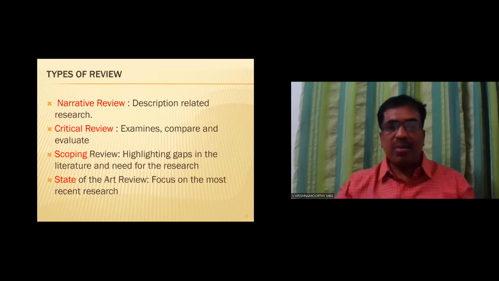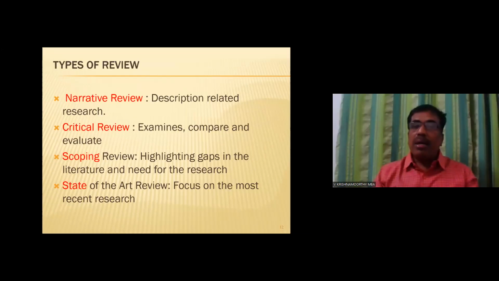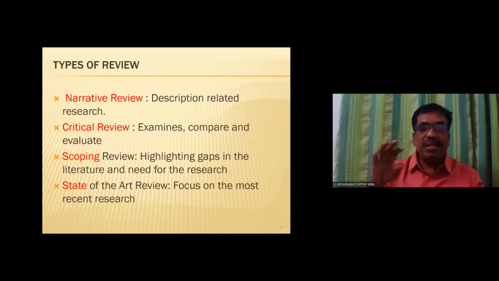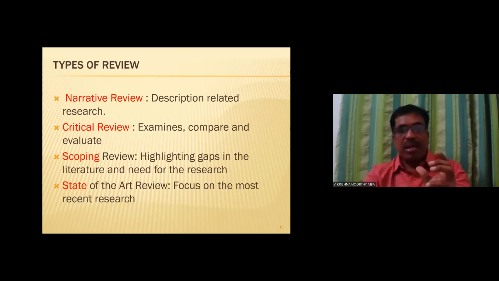It will compare, examine, or evaluate two different products or two different outcomes. That is a critical review. Sometimes a scoping review, which highlights the gaps in the literature. Sometimes a state-of-the-art review. What does a state-of-the-art review mean? It focuses on the most recent research.